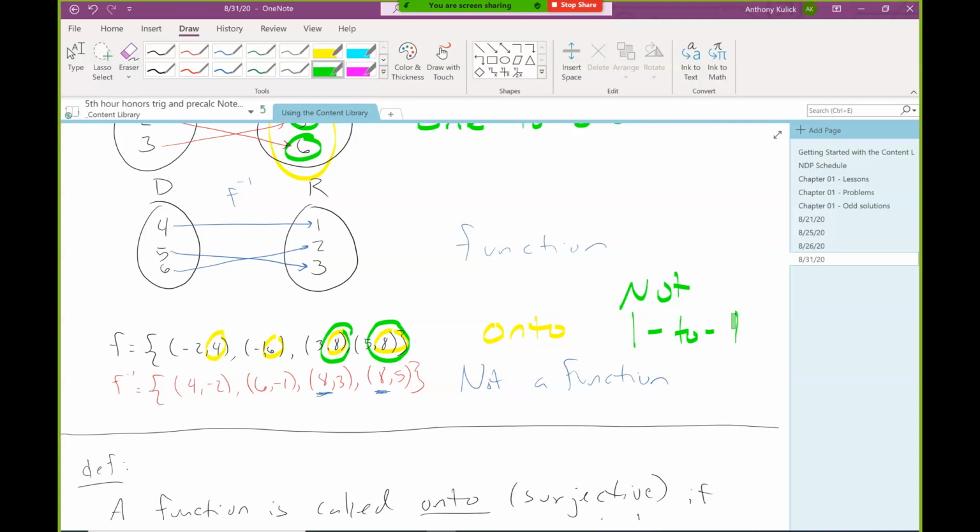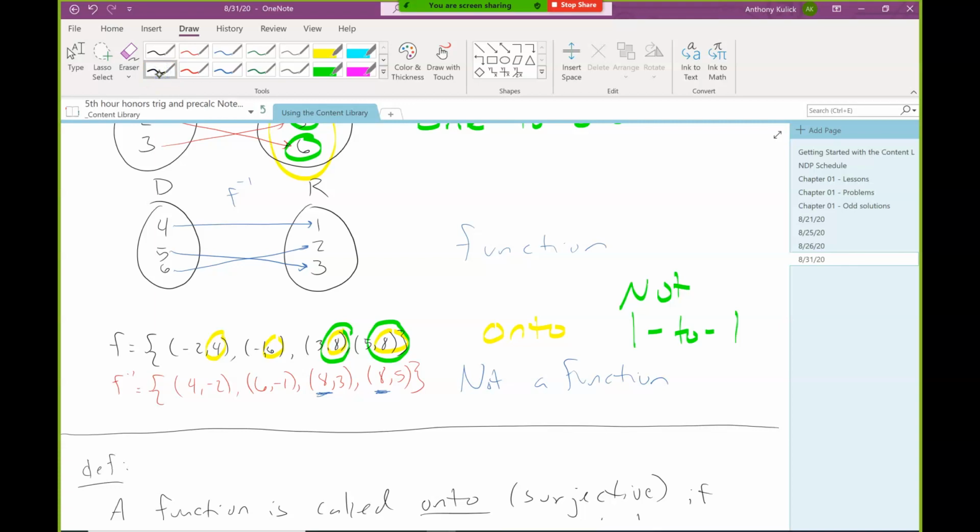So notice in the first graph, where the function was one-to-one and onto, its inverse was a function. In the second example, where it was not one-to-one, its inverse was not a function.